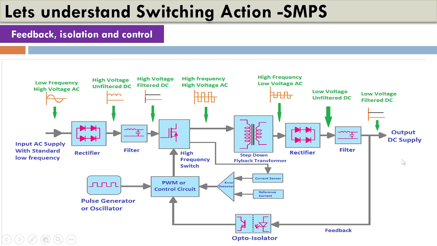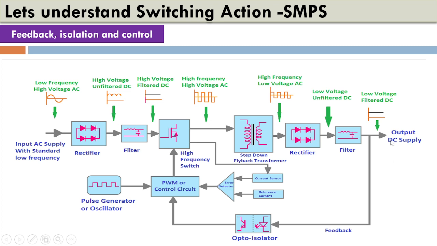So the load will try to get current from the secondary power section of the transformer in order to maintain its functionality. During that, load current will flow into the load, and because of that, the output voltage may reduce if the load current increases.